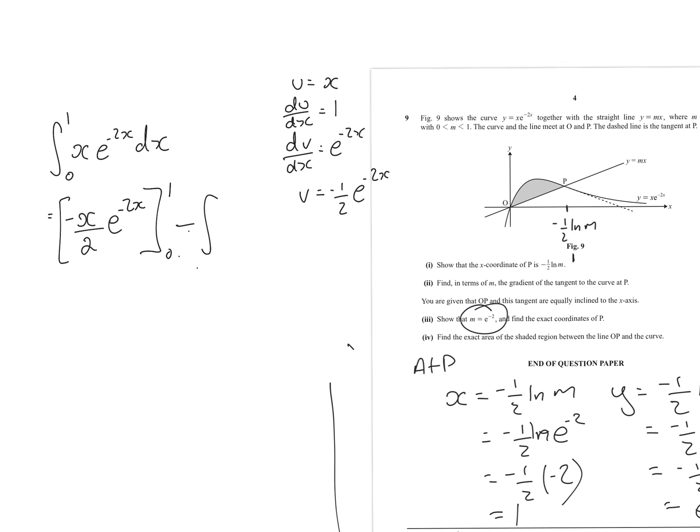Minus the integral of the derivative of the first, 1, times this horrible thing again. Now, I'm going to take the minus and turn that into a positive, because that makes my life easier. A half e to the minus 2x dx.